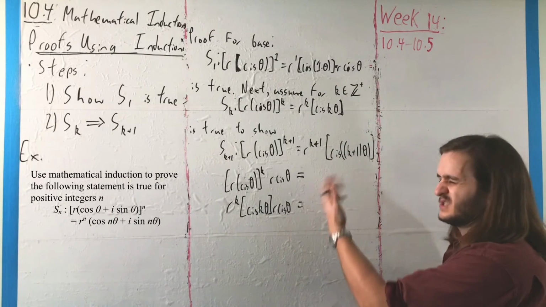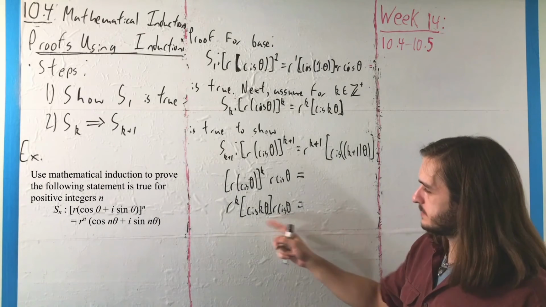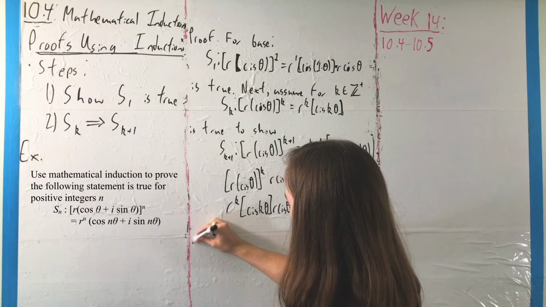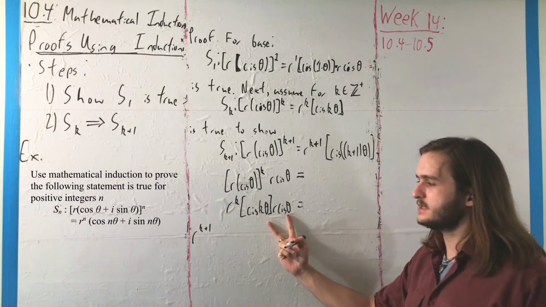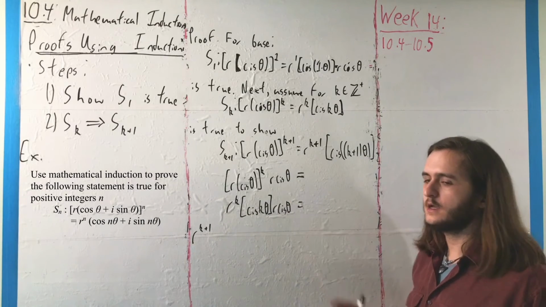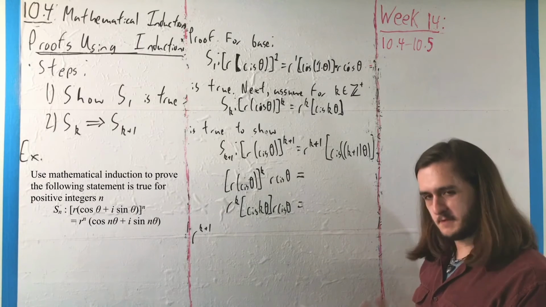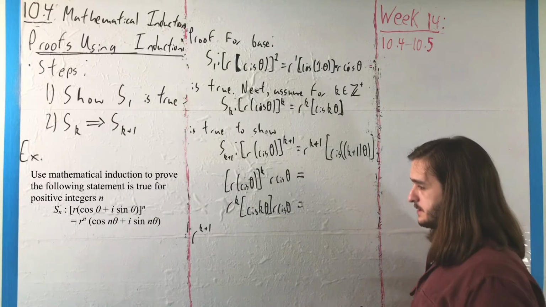And we're still hoping that this holds. It shouldn't technically be equals just yet, but we're going to see that it does work. Where we can pull in that r. I'm going to move this over here for a reason. And then I'm going to expand these things out where it's CIS k theta times CIS theta. It's not going to be very pretty, but a lot of things are going to be able to come together.